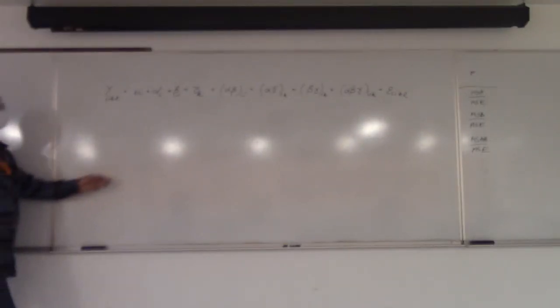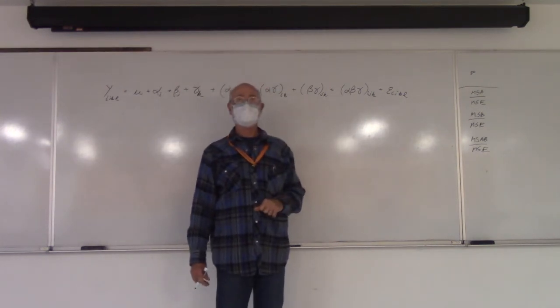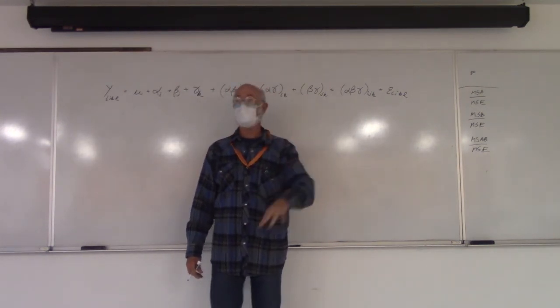So now we've got the 2-way interactions plus the 3-way interactions. Let's look at a 4-way ANOVA.